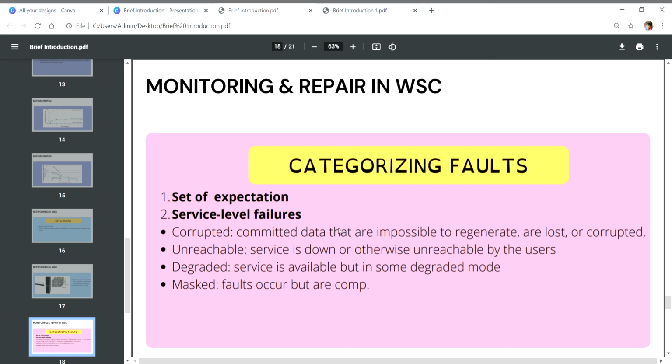These are the categories: corrupted, unreachable, degraded, and masked. The acceptable level of robustness will differ across those categories. We expect more faults to be masked by a well-designed fault tolerance infrastructure, so that they are effectively invisible outside of the service providers.